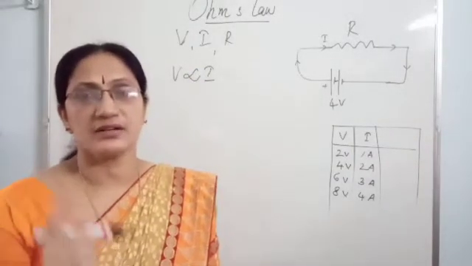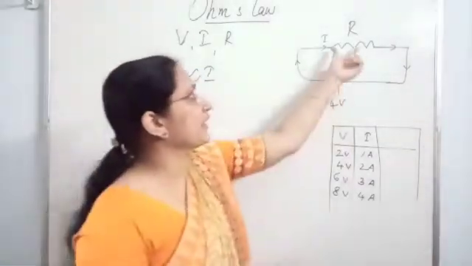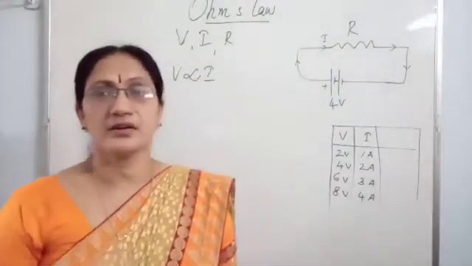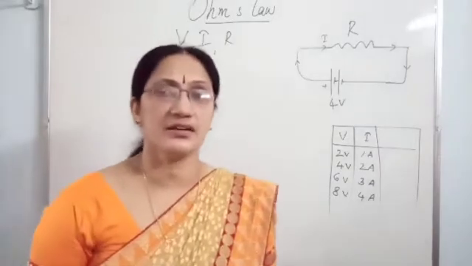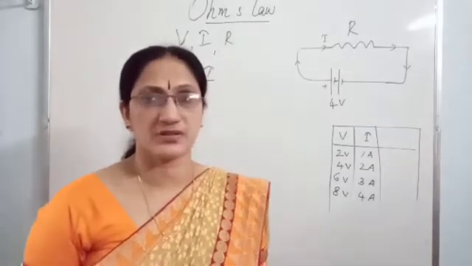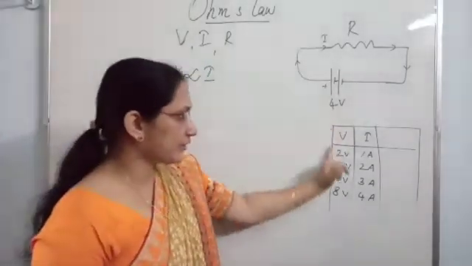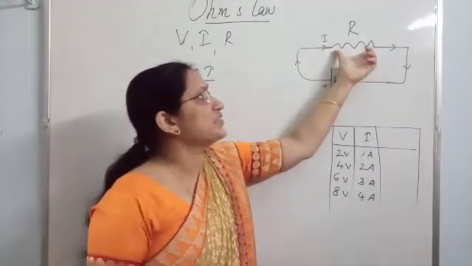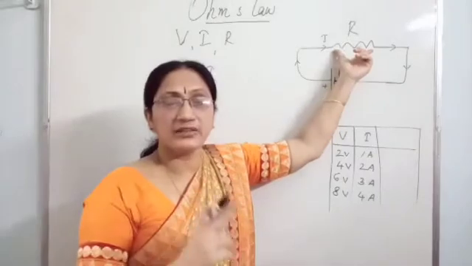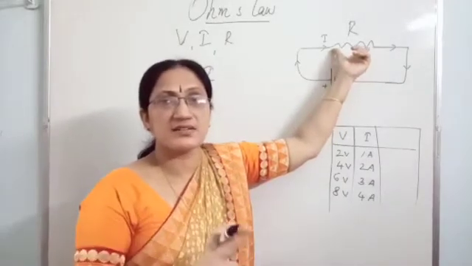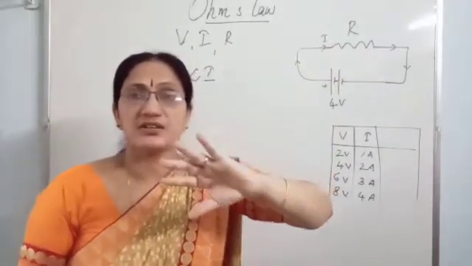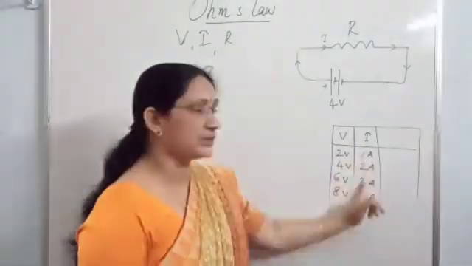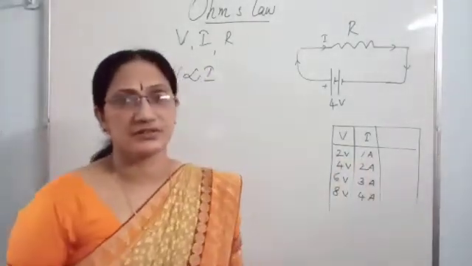And there are some conditions: this conductor R you must maintain in the same physical conditions throughout the experiment. Means while taking the readings, every time the material of this conductor, the length of the conductor, its thickness and temperature, these physical quantities should remain the same. It should not change. Otherwise you can't observe a proportionate change.